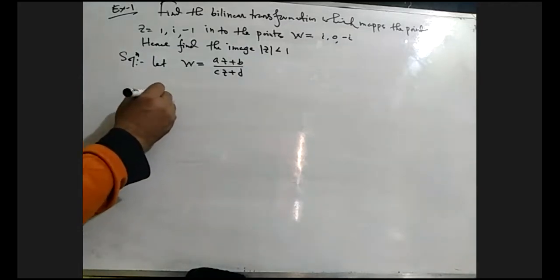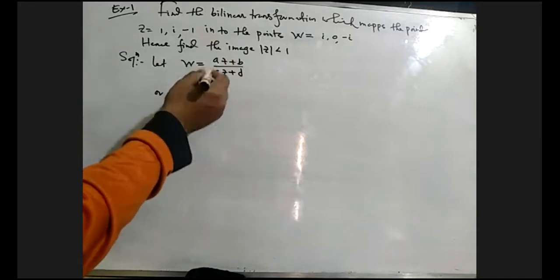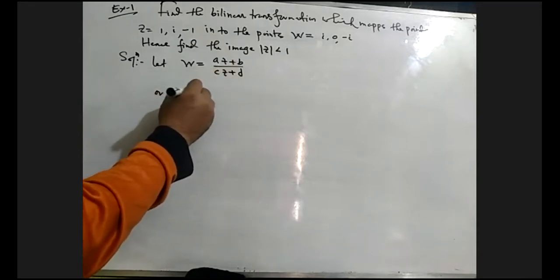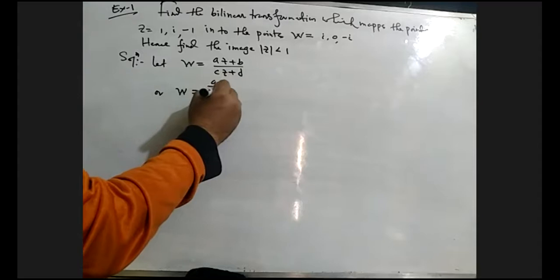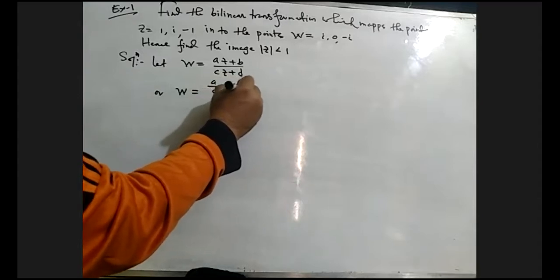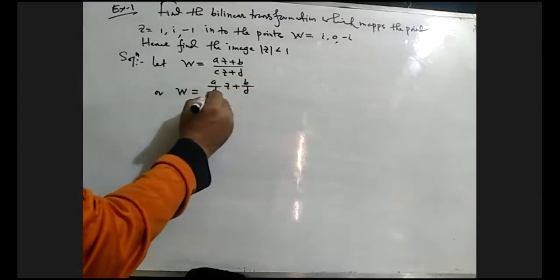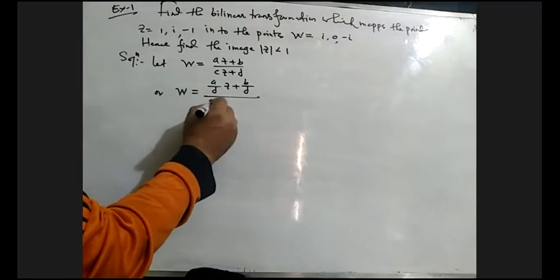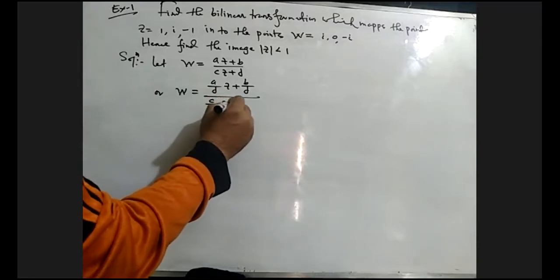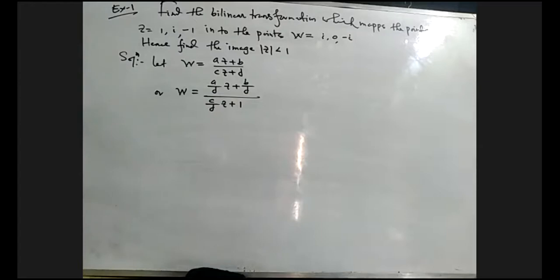Dividing by D on both sides, we can write W equals to (A by D Z plus B by D) divided by (C by D into Z plus 1).